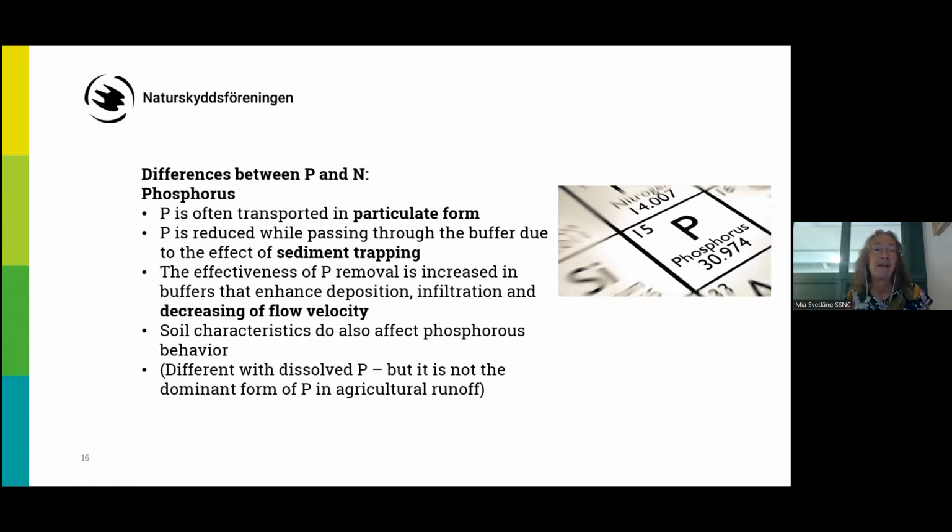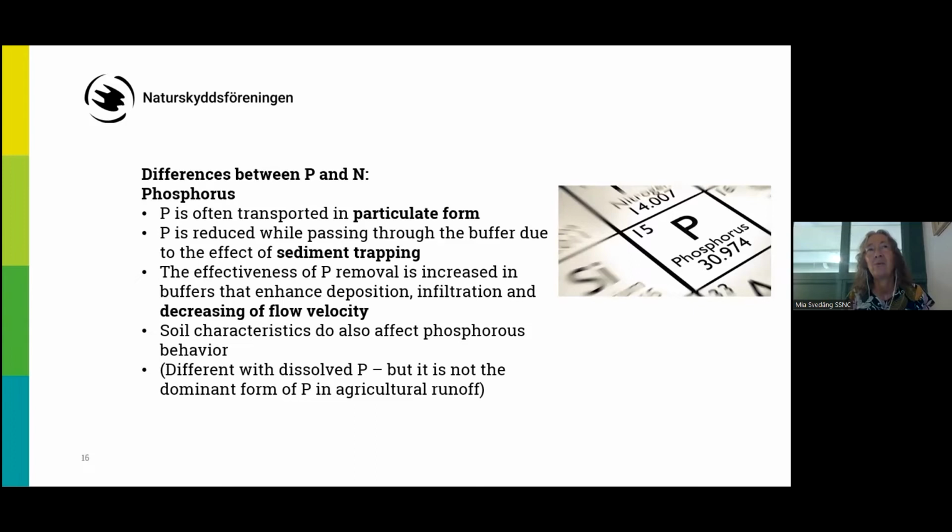So to let the water flow really slowly is good for getting rid of phosphorus. And there are also different kinds of soil characteristics that also affect phosphorus behavior. So phosphorus is quite a tricky matter. Phosphorus can be deposited, but it can also be leaked in some places. For instance, if there is little oxygen, phosphorus can leak instead.